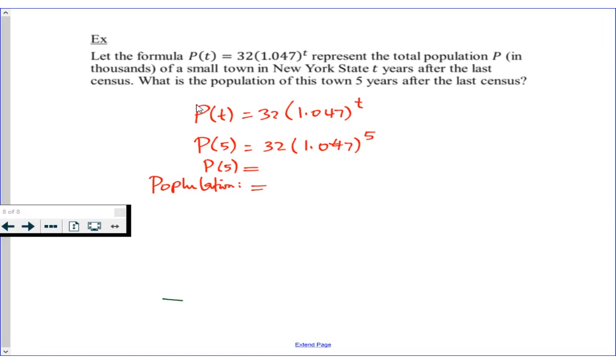Excellent. We can round it to the thousandths place because we are going to multiply by 1000. To find the population, you have it in thousands. That means you have to multiply by 1000. So it is 40,261.